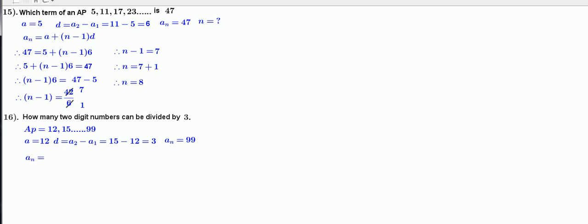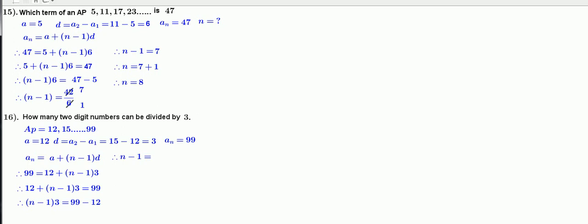Let us write the formula, that is An equal to A plus n minus 1 into D. Substitute 99 for An, 3 for D and 12 for A. Therefore, 99 equal to 12 plus n minus 1 into 3. Therefore, 12 plus n minus 1 into 3 is equal to 99. Therefore, n minus 1 into 3 equal to 99 minus 12.